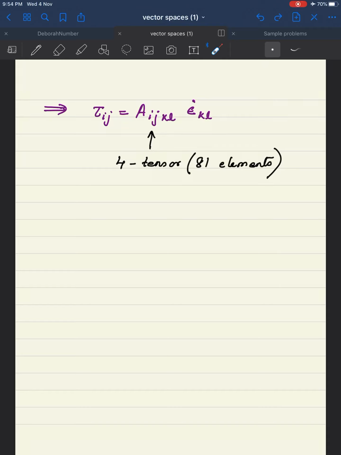So now recall, what is epsilon KL? I hope you remember. Can you quickly recall? Where will K be, up or down? It will be here.